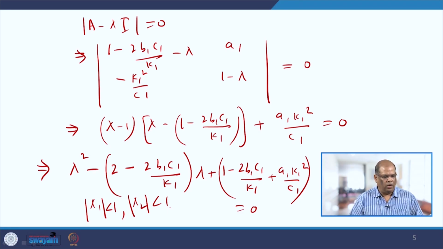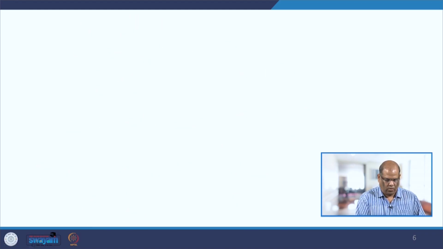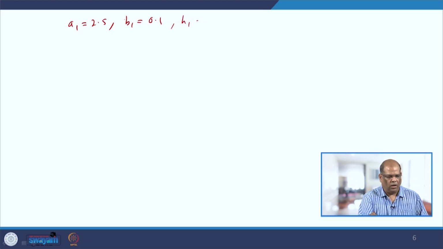Now, let us look into this numerically. So, we assign the values a1 equal to 2.5, b1 equal to 0.1, h1 equal to minus 1, c1 equal to 5, and k1 equal to 1.